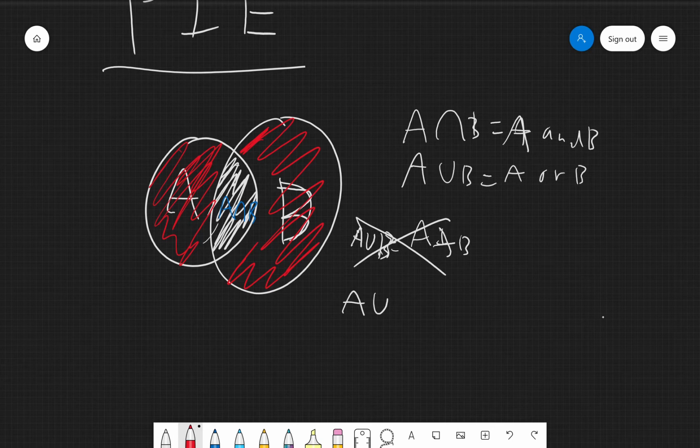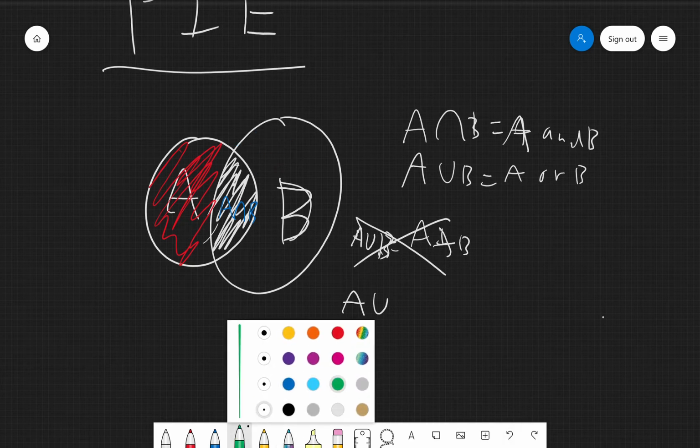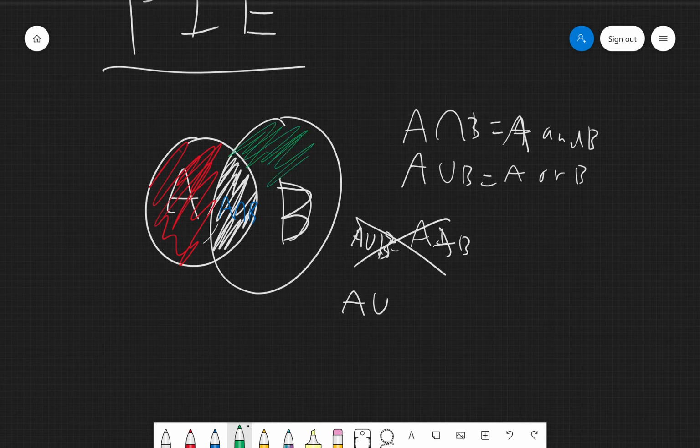So really, I'm going to make this color green.